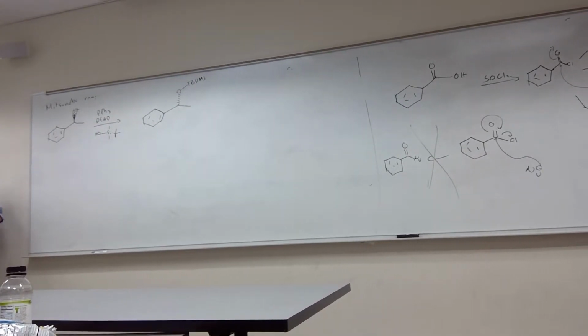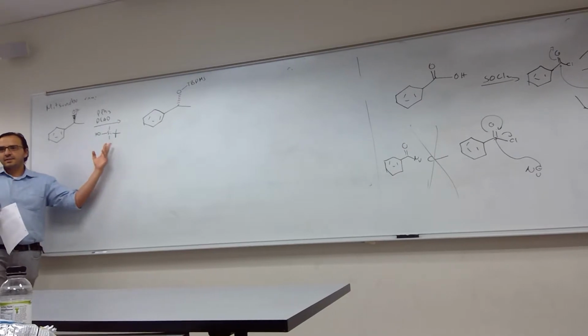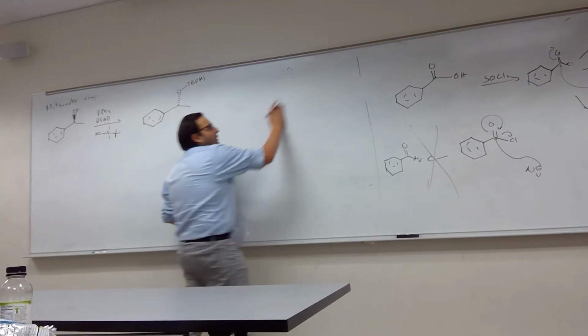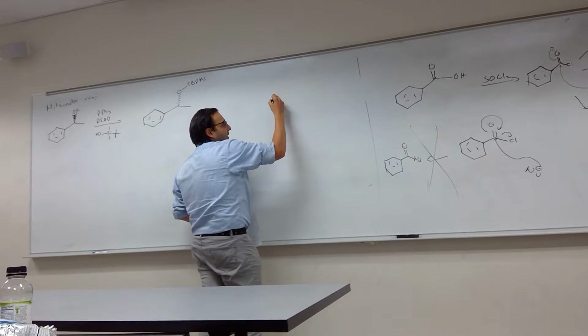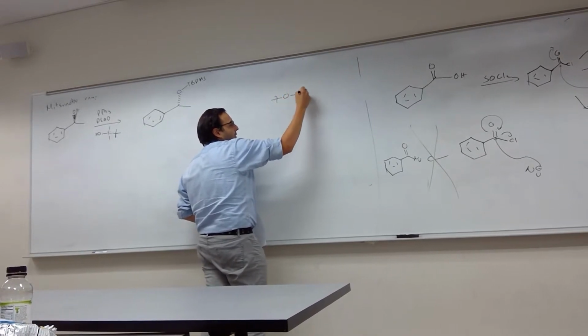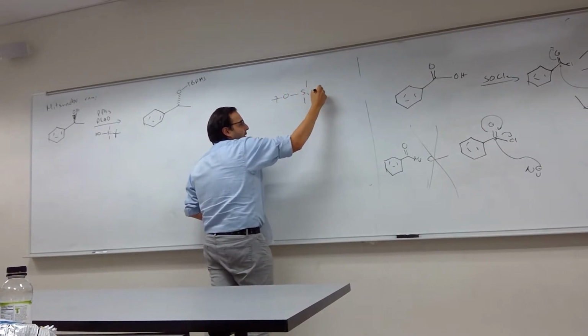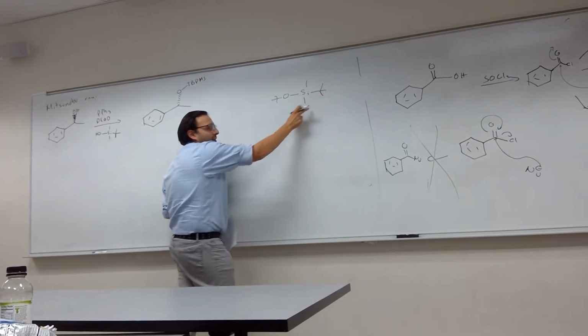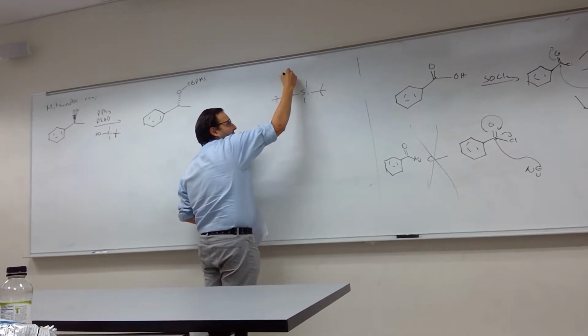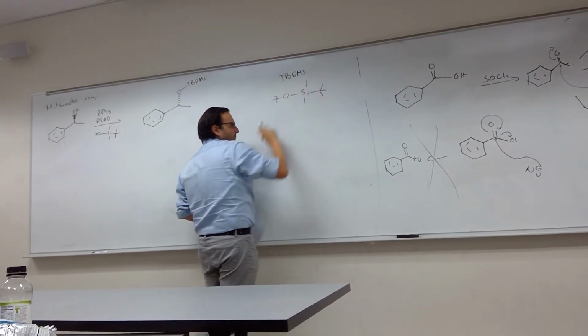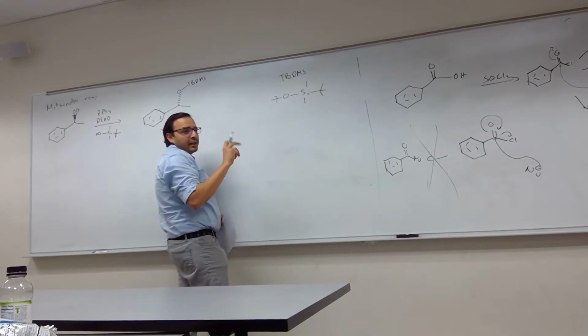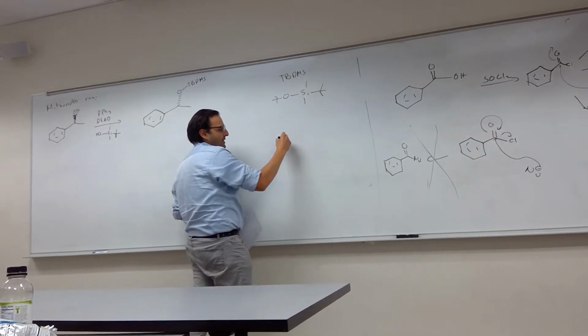the TBDMS. What's the TBDMS? Is this group. You see it as tert-butyldimethylsilyl. So that's TBDMS. Oftentimes in literature, in a lot of papers, you'll see it just as TDS.